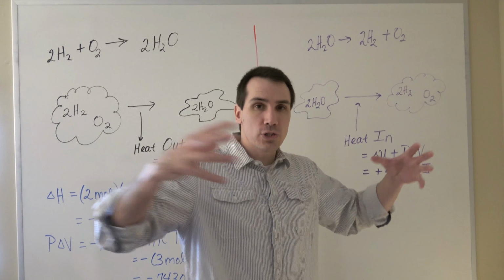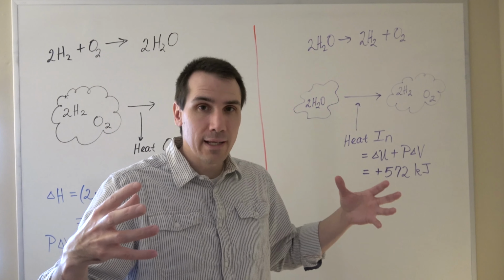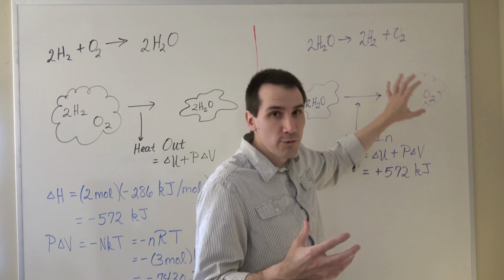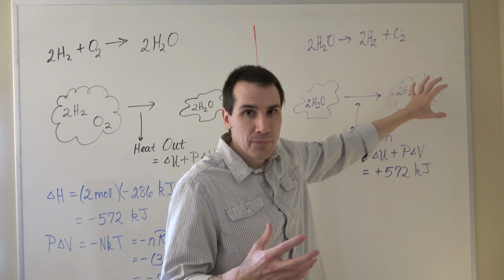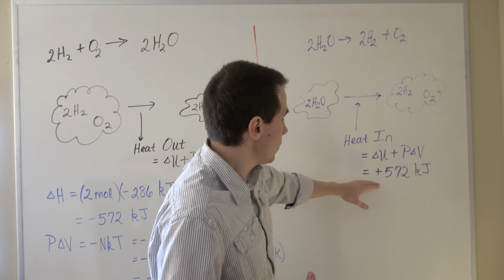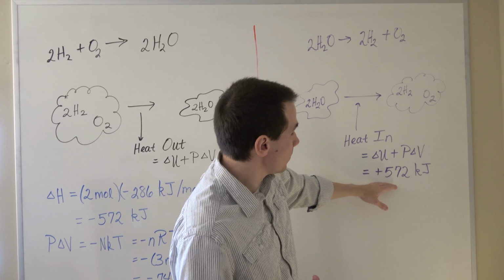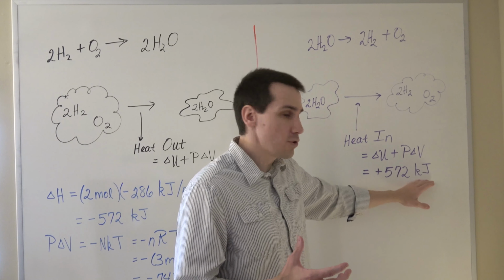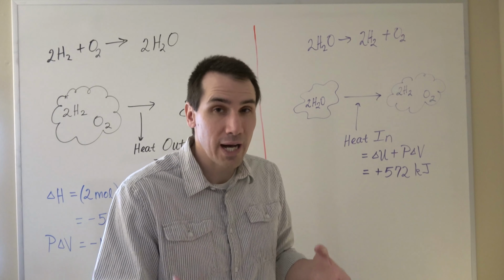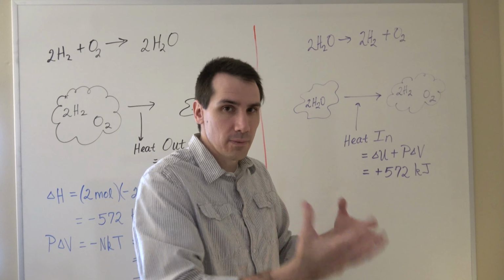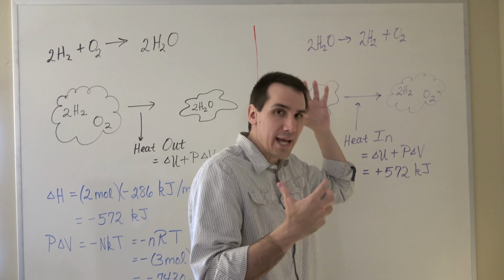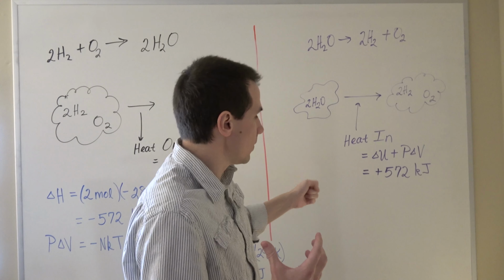And we need to push the environment away to make room for this gas that is going to move into the environment. So when we do this, we have an enthalpy change of 572 kilojoules. This is positive because we are adding heat into the system. So positive change in enthalpy because we had to add heat into the system to do it.